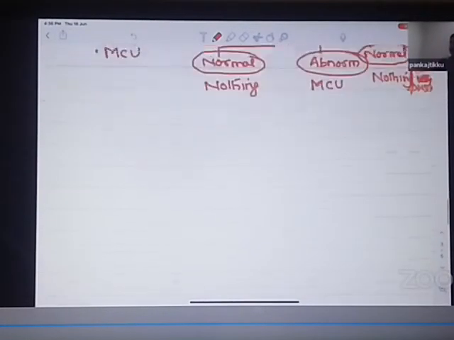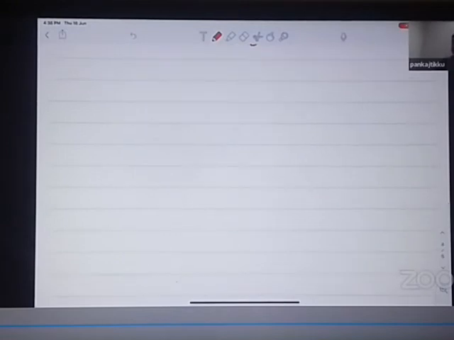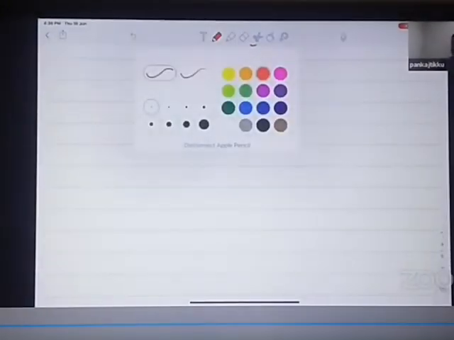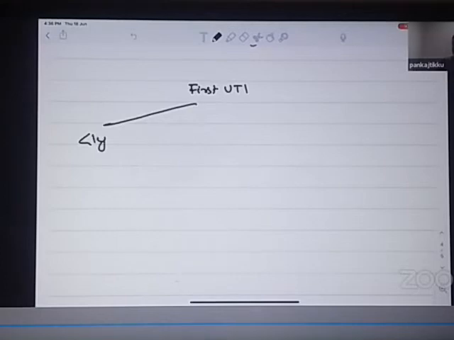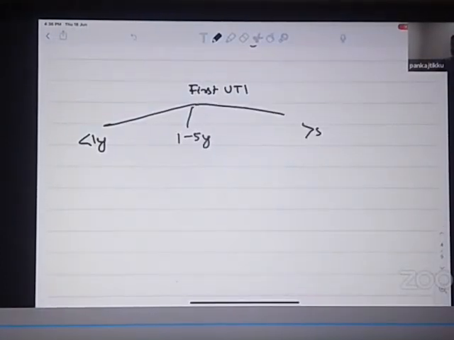I'll write it here again because I think you might not be able to understand everything. First UTI: less than 1 year, 1 to 5 years, more than 5 years.